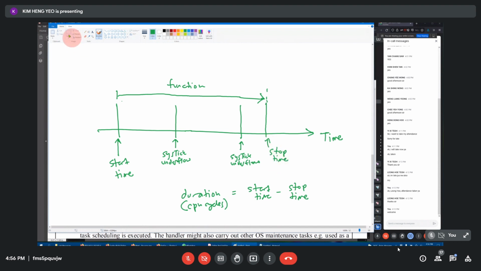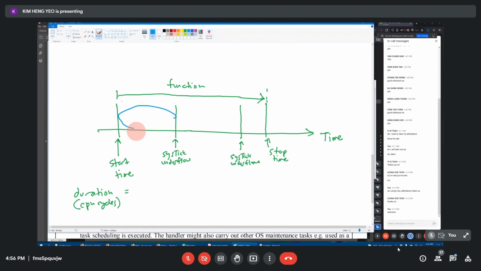So now my question to you is, what is the duration? The duration is no longer just the start time minus the stop time, right? We have to split it up. This part here is start time minus zero, because from start time all the way until SysTick underflows, counting down to zero.